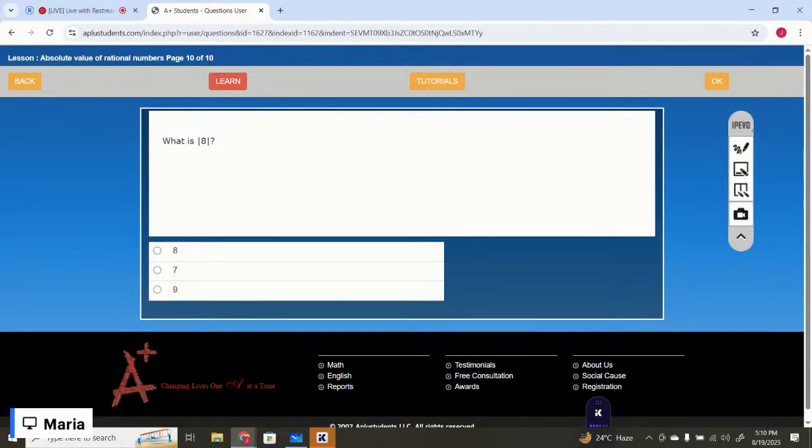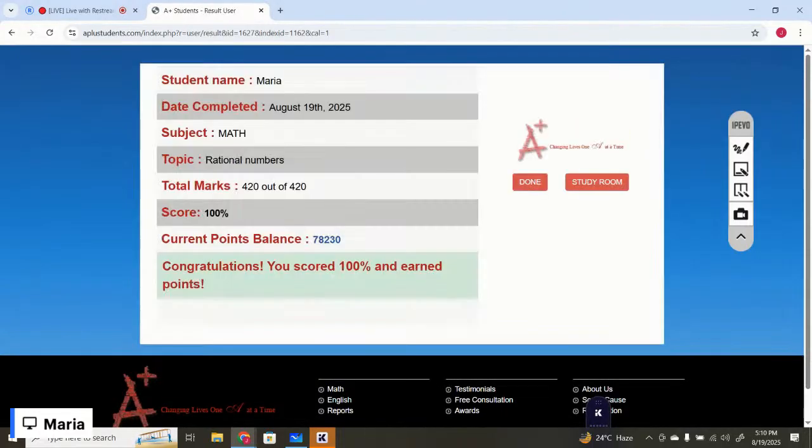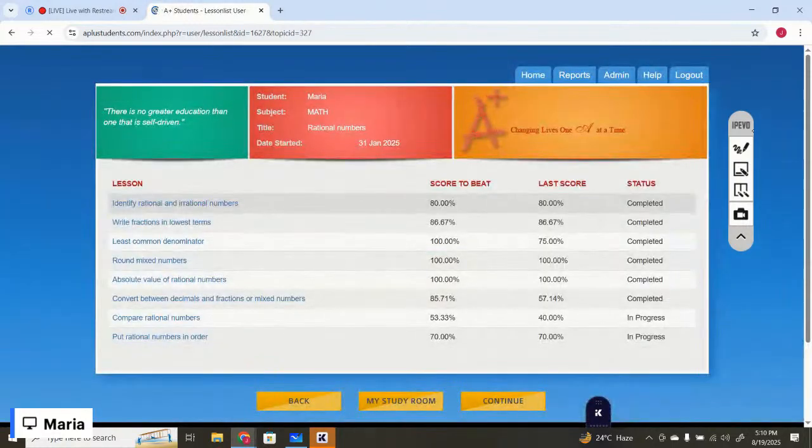The absolute value of 8 is 8. Option number 1 is the correct option. Okay, we are done with the lesson. Let's just move on to the next lesson.